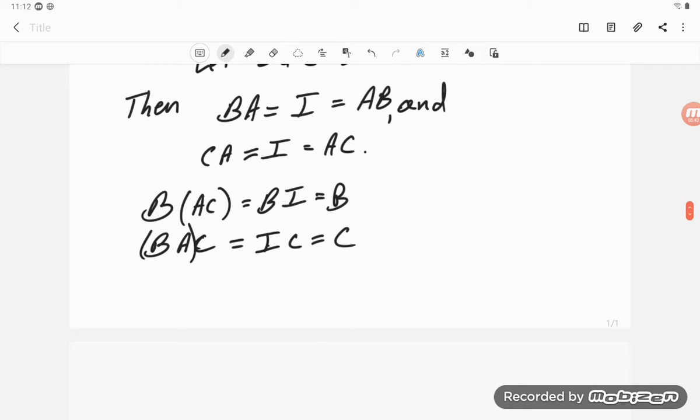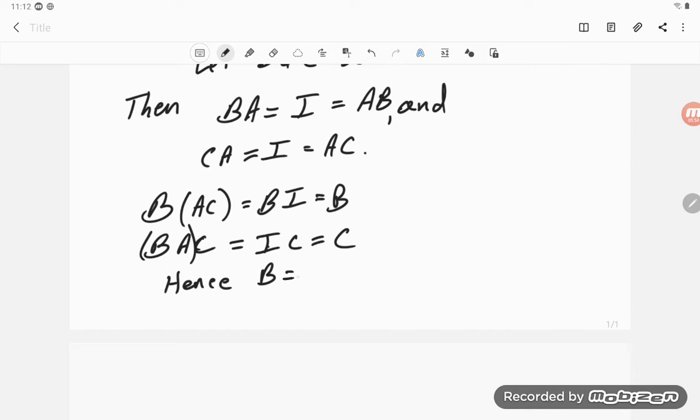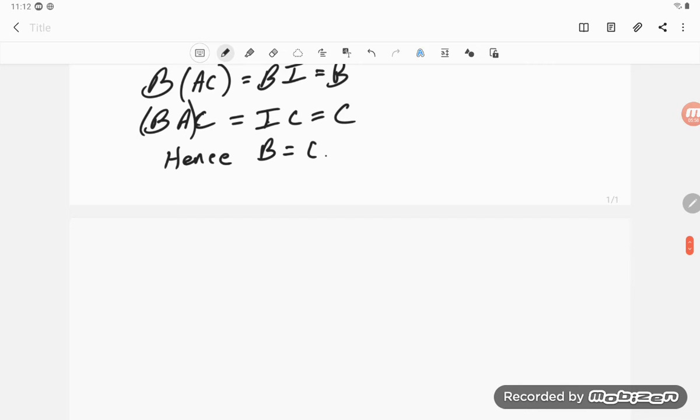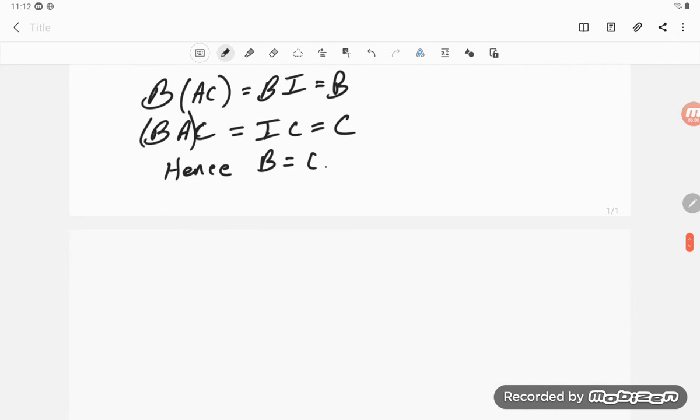One could write this some different ways. So see here we can say hence B equals C. But if I wanted to clean that up a little bit, I could backtrack this way. B is equal to B times I, right?